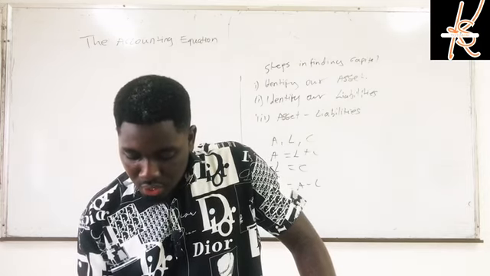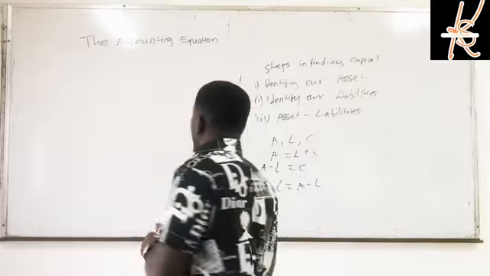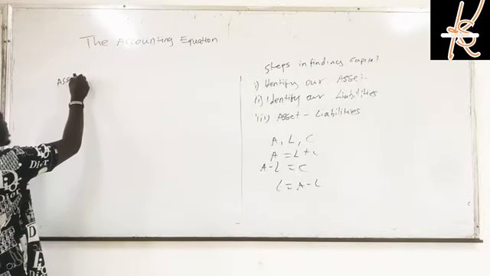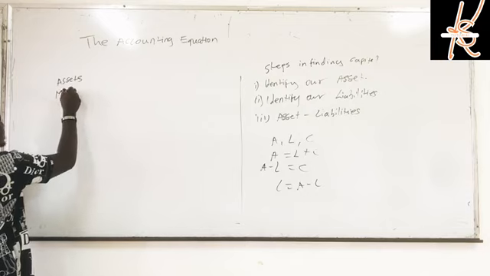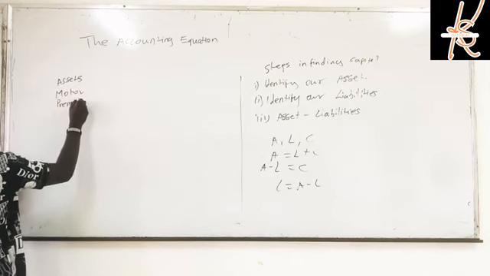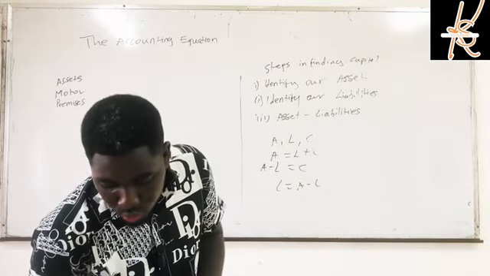So we have motor van. Let's do it. Assets: motor van, premises. Let me check the amount. Motor van is 2,000.